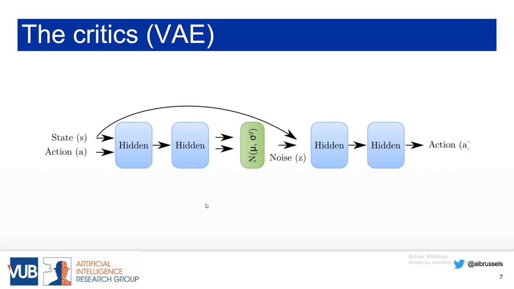What will happen, but I invite you to read literature on variational autoencoders, is that by training the whole network to output the same action as this action here, inside the network, there is a sampling operation from a Gaussian that will basically allow the network to learn how to map samples here of nodes, that is called Z, so a noise vector, just a random value, plus a state, to an action in that state that follows the same distribution as the distribution of actions in that state that have been seen during training.